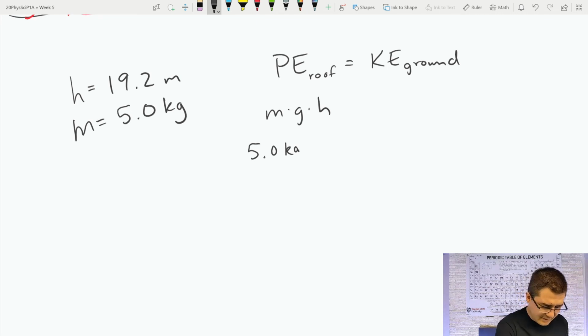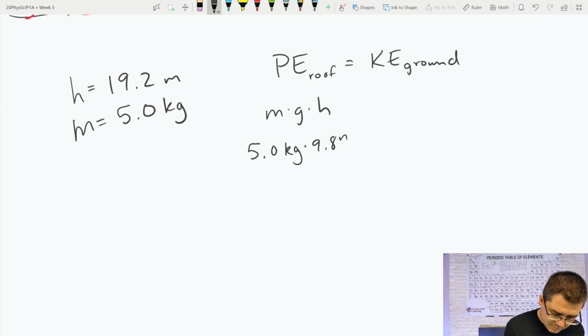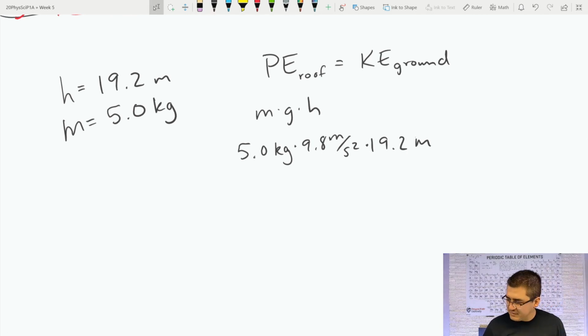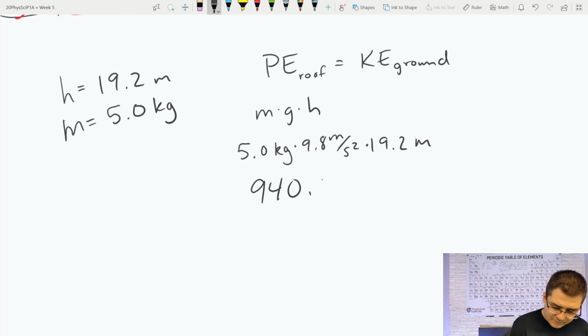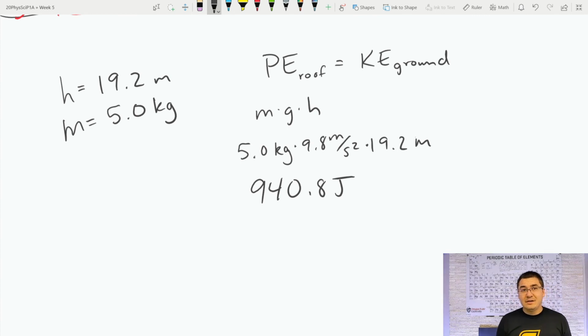When I can write. And the height was 19.2. Okay, so multiplying those, 5 times 9.8 times 19.2 comes out to 940.8 joules. So that's almost 1 kilojoule, right?